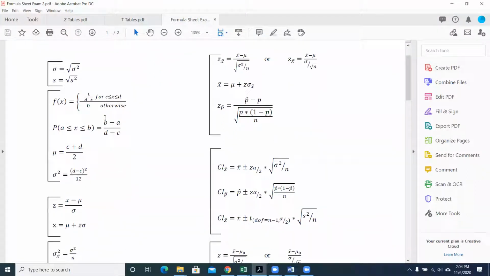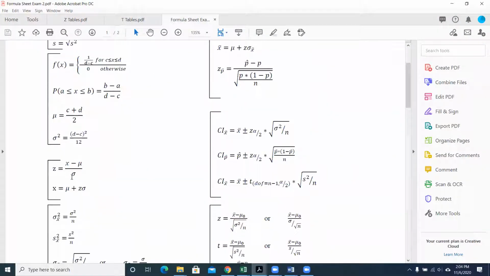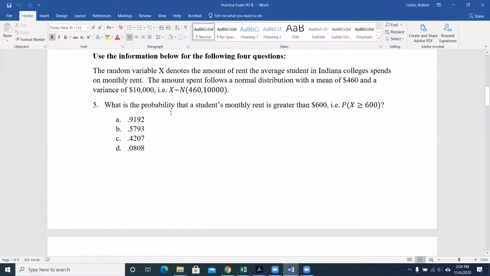Here were our uniform distribution equations. If we just have a normally distributed variable, this is how we find the z-score. We subtract the mean and divide by the standard deviation, right? Our mean was 460. Our standard deviation we don't have, we have our variance.